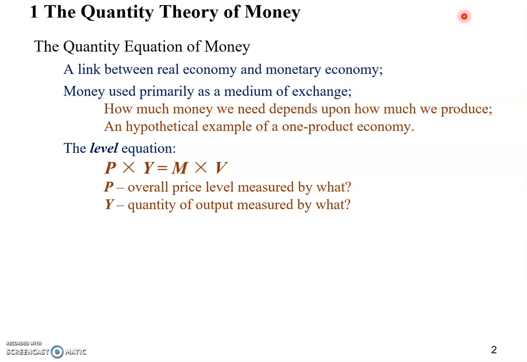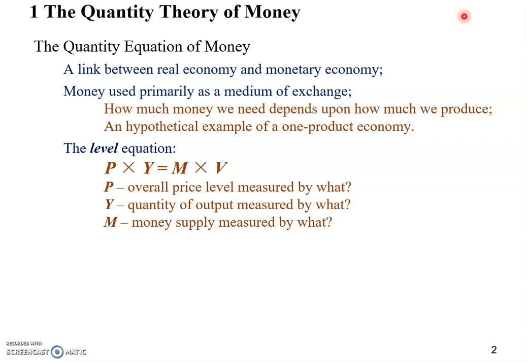All right, so if Y is the real GDP and P is the GDP deflator, you probably already guessed that P times Y should be nominal GDP, okay? Nominal GDP is on the left-hand side of this equation. On the right-hand side, the first variable M stands for money supply, okay?